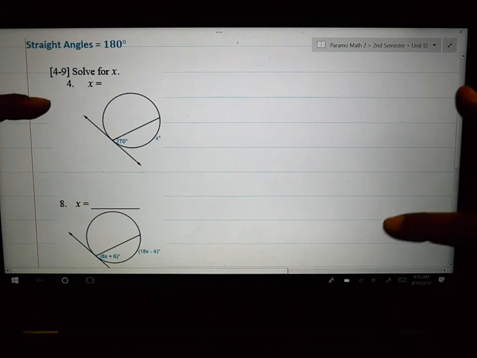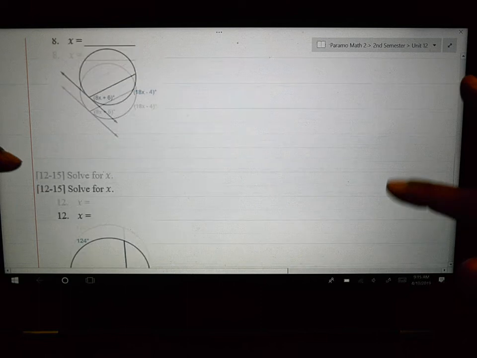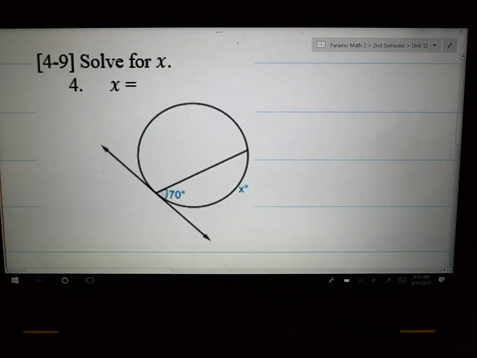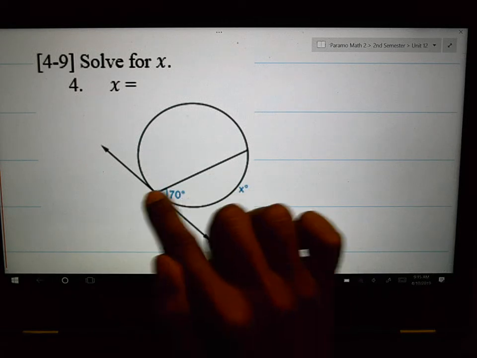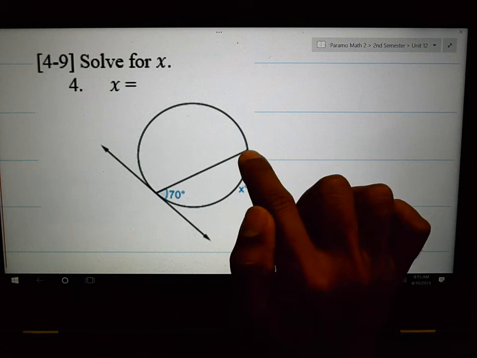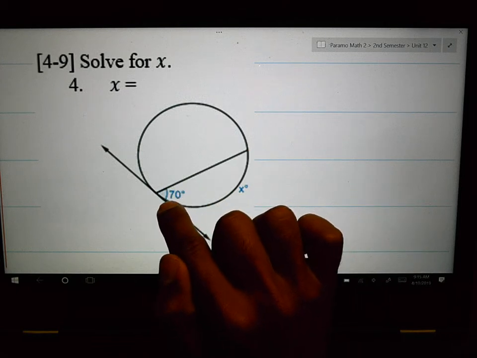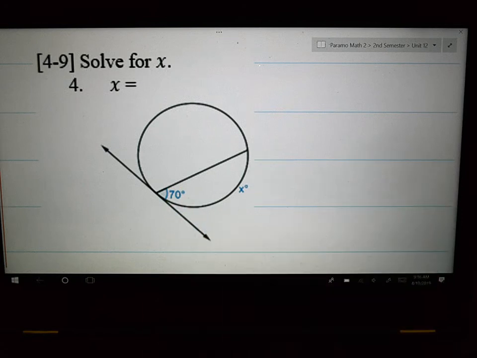Examples I have picked for you, number 4, 8, 12, and 15. 4 examples. Number 4. Here's your tangent line. Here's the chord. If the chord is touching the tangent line in one spot and this is 70 degrees, then this is half of the arc it intercepts.